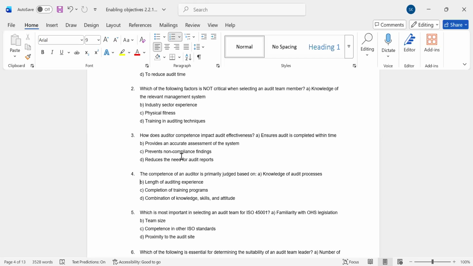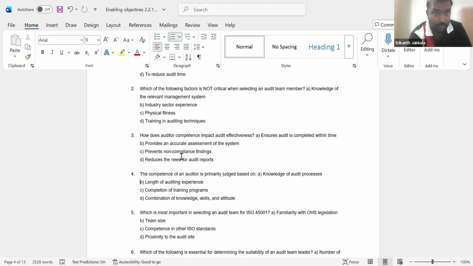Length of auditing experience is not supporting the answer. Completion of training program is not supporting the answer. So either A or D. Correct, exactly. So now you have to choose between A and D.